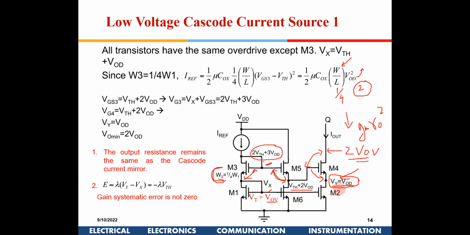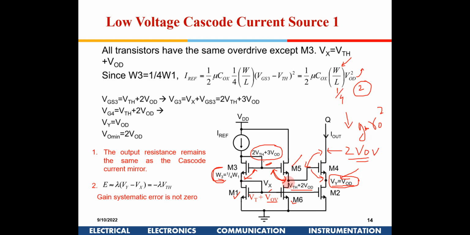So for M5, sir, if VGS3 is 2 VT plus 3 VOD, then sir, V overdrive for M5 will be VTH plus 2 VOD, yes, sir? How come that point is VTH plus 2 VOD? Because 1 VT plus VOD will be required for M5. M5 size will be the same as that of M1 and M6. Only M3 size is different. So 1 VOV and 1 VT will get dropped across the gate to the source.